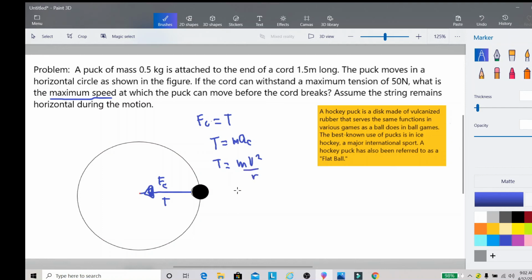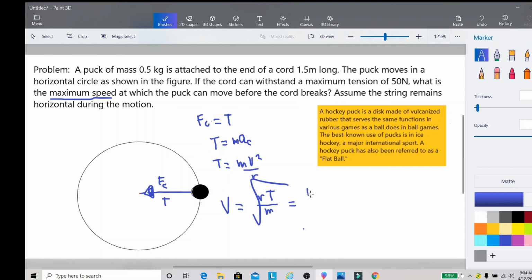So if we want to get v, we cross multiply: v squared is equal to r multiplied by the tension over m. But this is squared, so we take the square root of both sides, and that will be v equal to the square root of r T over m.